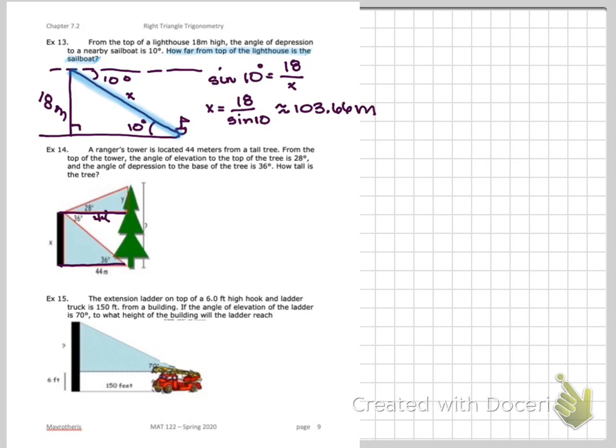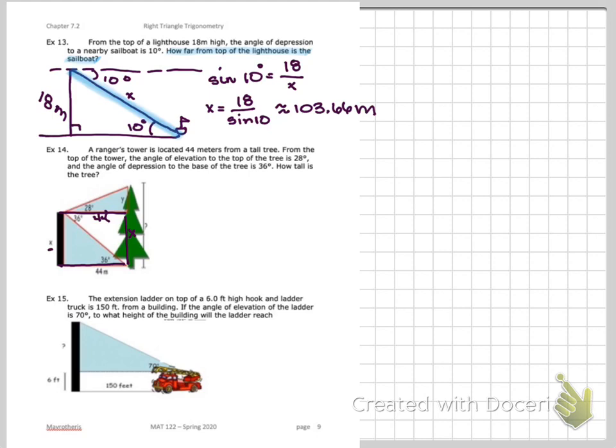So we've got this top part y. And then I'm going to call this piece down here x. We're just going to move it over to that side because I need both of those pieces to find the height of the tree.